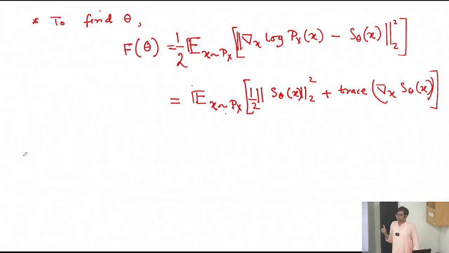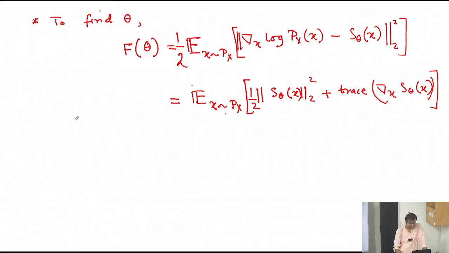Even in the energy based model, I at least had an unnormalized PDF. In this case, I do not have a PDF. I have the derivative of the log PDF. So how do we sample? We'll come to that later. Clear?